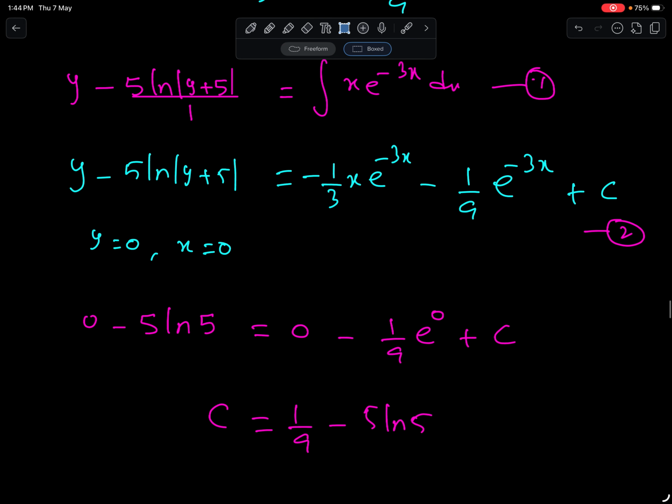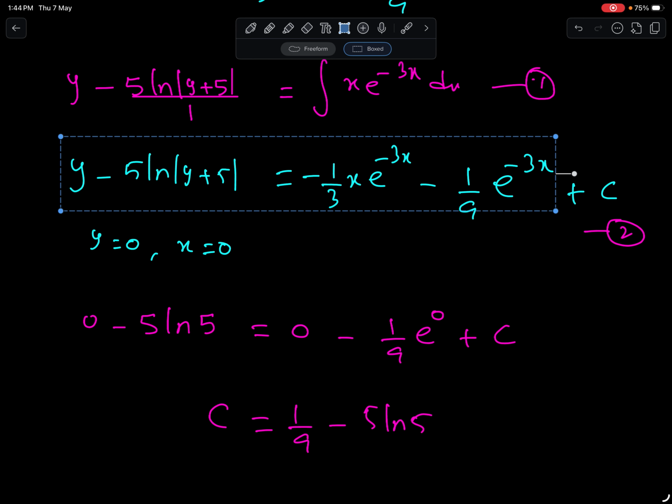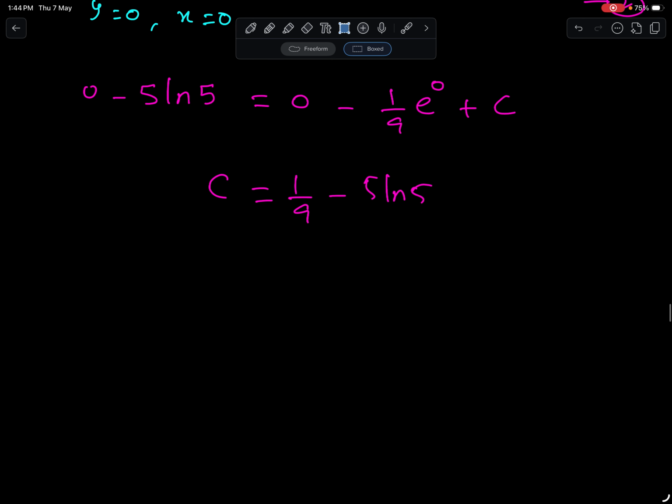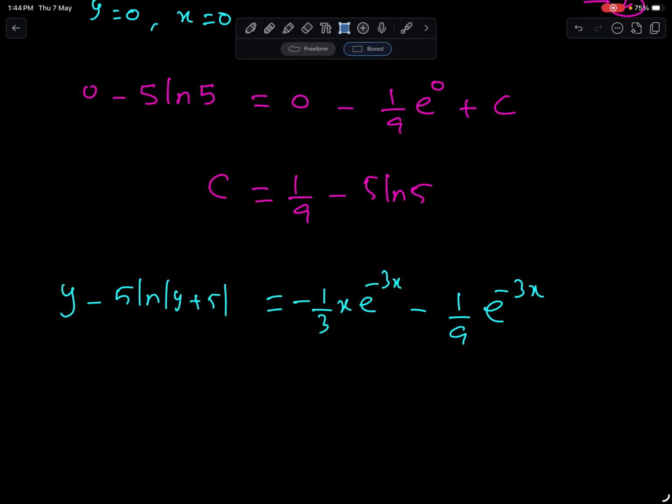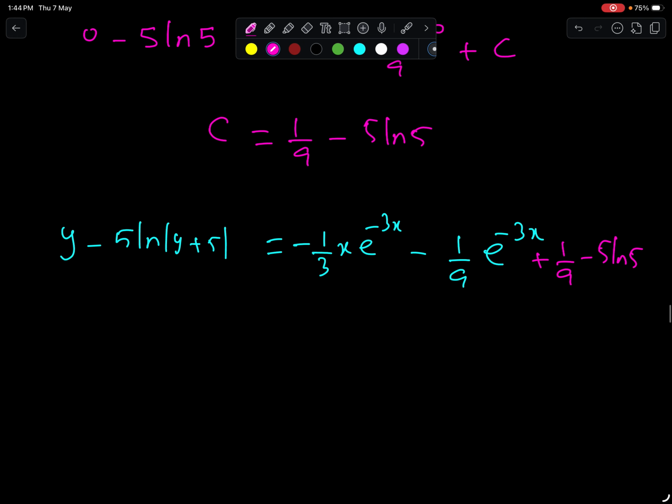Now substitute c into this equation. I'm copying this equation. See, a lot of algebra is required or involved. Alright, now shift this ln to the left side, because whenever we have two or more ln's, we convert them into a single ln by using the product or quotient law.